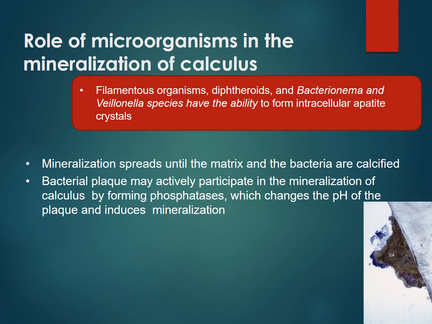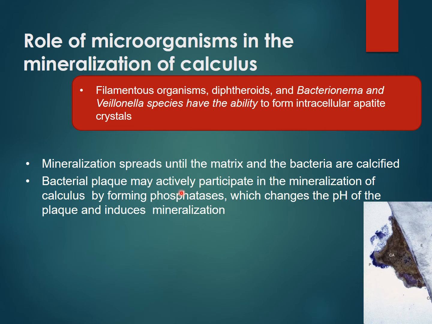Coming to the role of microorganisms in the mineralization of calculus, we have already said that it is not necessary for microorganisms to be present for the formation of calculus, but we have also found that several organisms are associated with it. Filamentous organisms, diphtheroids, Bacterionema and Veillonella species have the ability to form intercellular aggregate crystals. Mineralization spreads until the matrix and the bacteria are calcified.